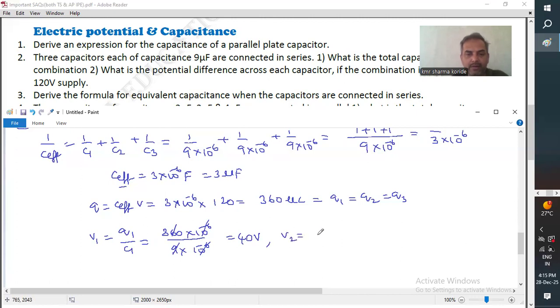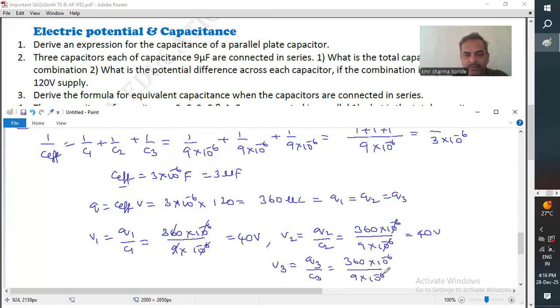Similarly V2, Q2 by C2, 360 into 10 to the power of minus 6 divided by 9 into 10 to the power of minus 6, again 40 volts. Then V3, you don't get a different answer because all are identical. In case they are not identical, you will get different answers. Q3 by C3, 360 into 10 to the power of minus 6 divided by 9 into 10 to the power of minus 6, cancelled, you get 40 volts.